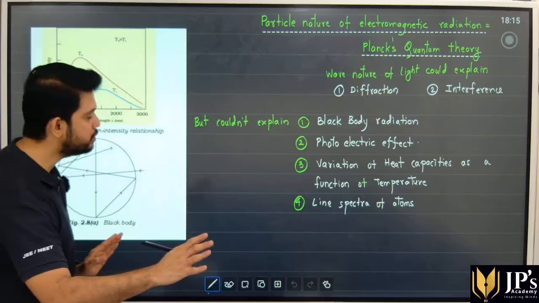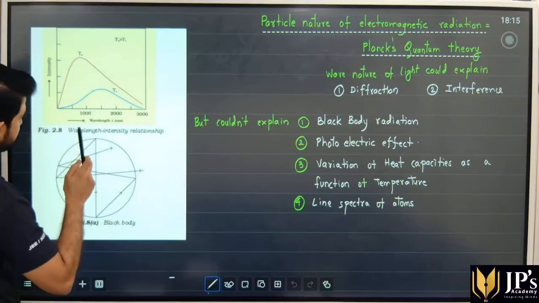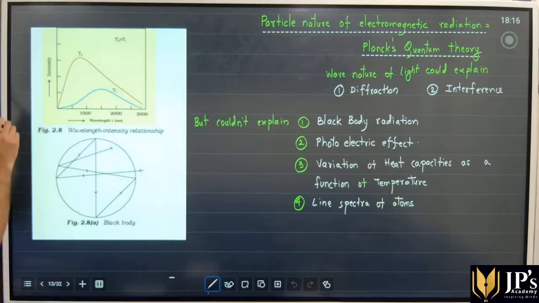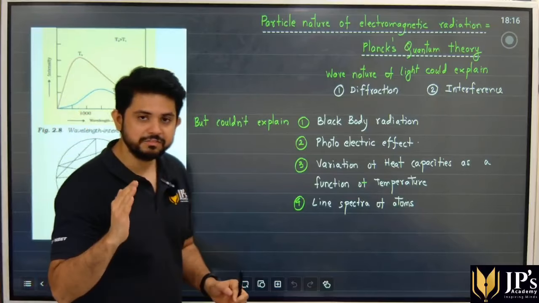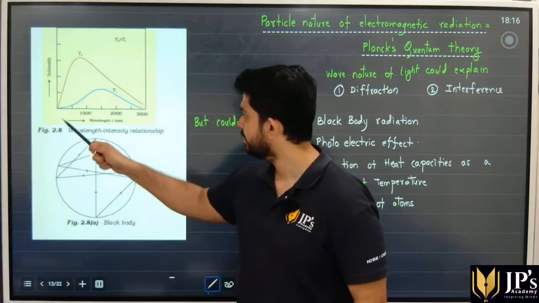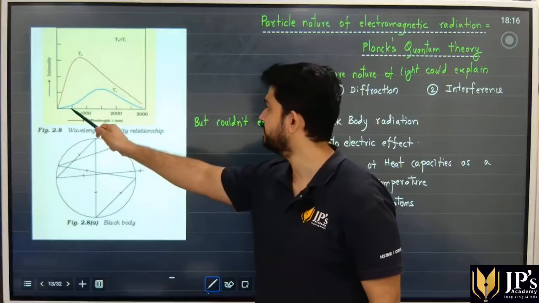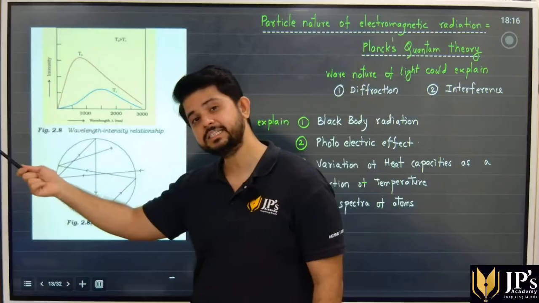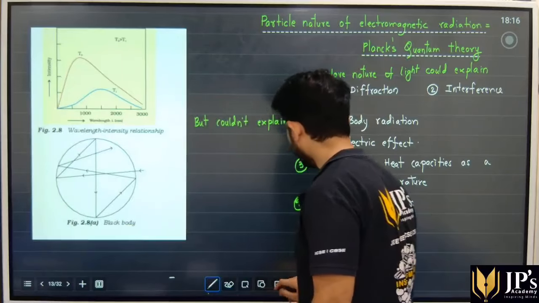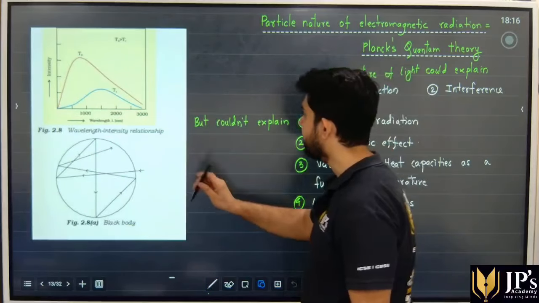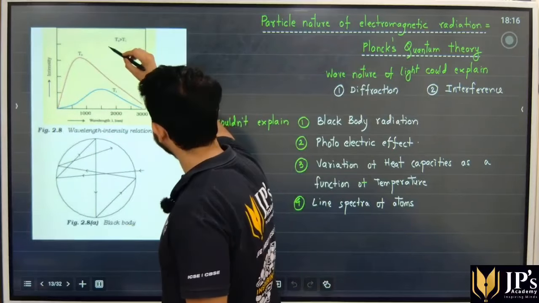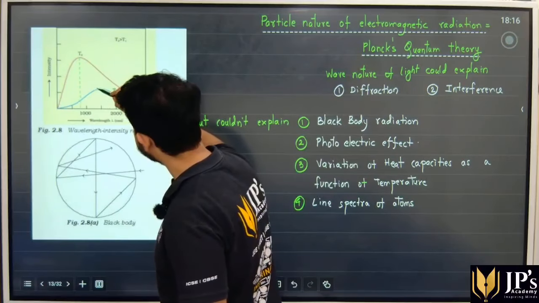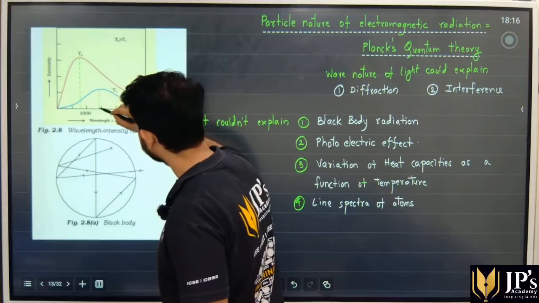What we observe here in this experiment is, as the intensity of light increases, the wavelength first increases at a fixed temperature, and then it again decreases. Now, if you increase the temperature, the peak intensity wavelength shifts backward.